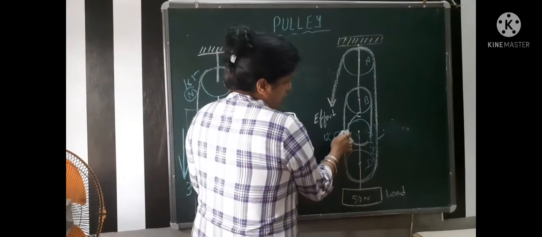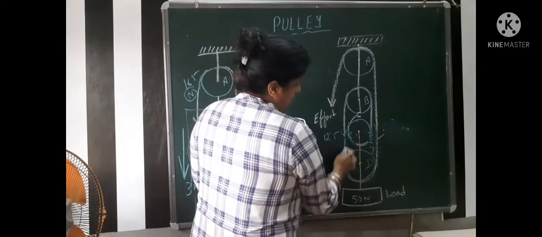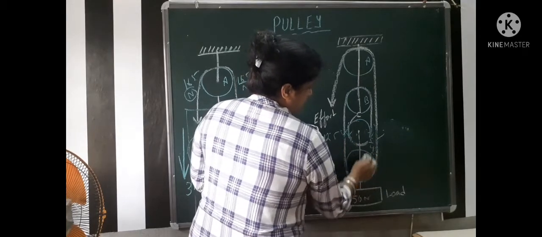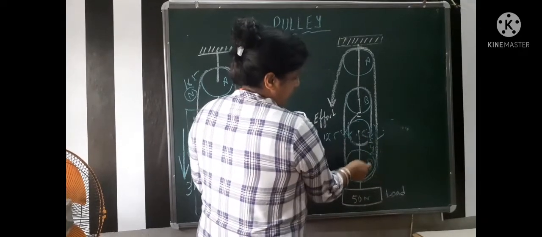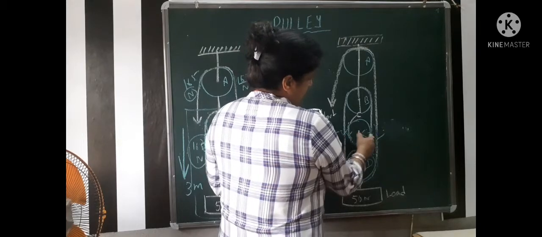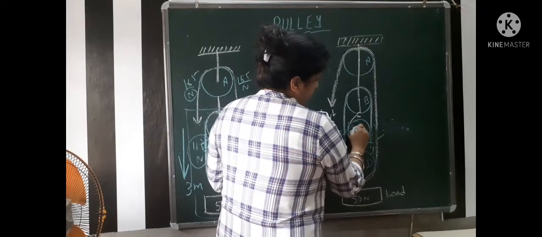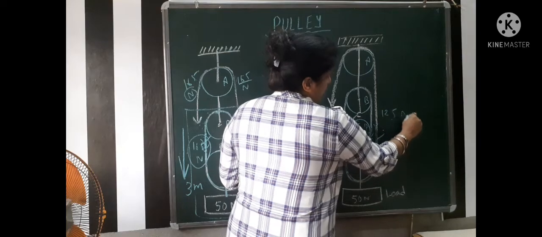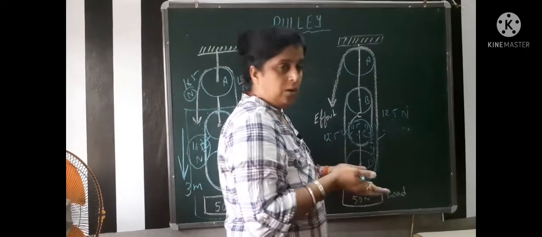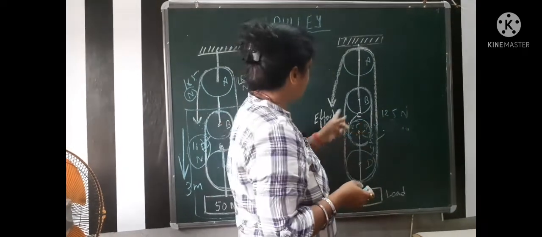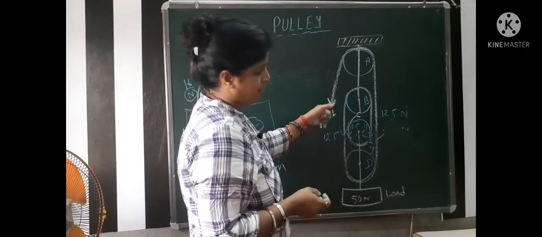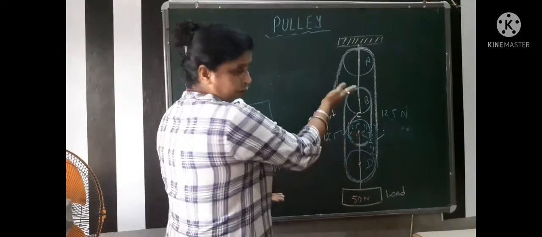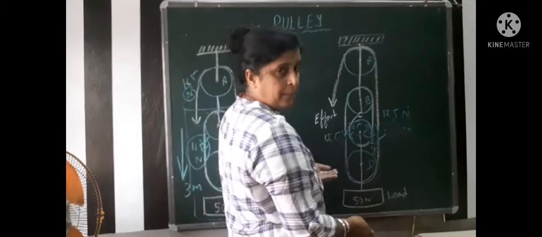Try to understand, this rope is around this pulley and these two ropes are around this pulley, that is C and pulley D. So on both sides 12.5, 12.5, 12.5 and here also 12.5 Newton force is applied to hold the body or to lift the body. Now the person who is trying to apply effort to pull this rope downward and lift it, how much force will that person apply?